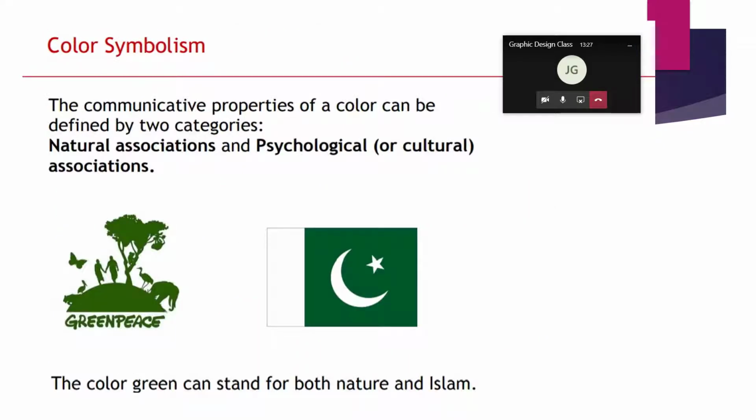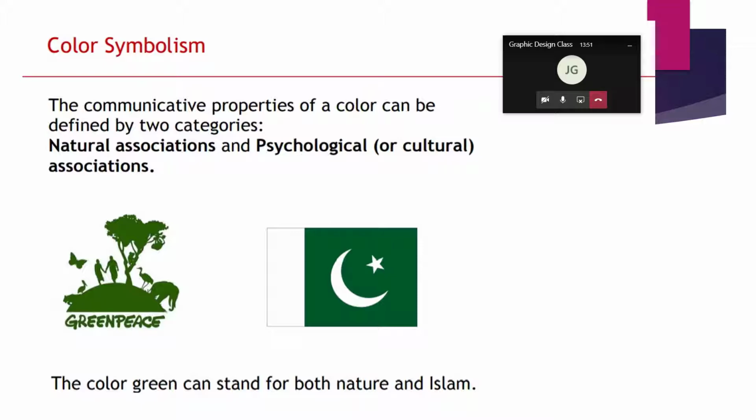Then we looked at color symbolism, where we said you can define color properties by putting them into two categories: the natural association and the psychological. So if I want to do a design for nature, I may be using green. And if I want to do one for Islam, I may also use the same green.